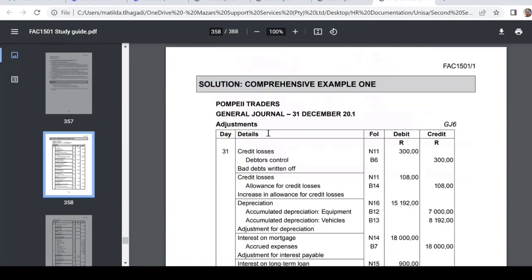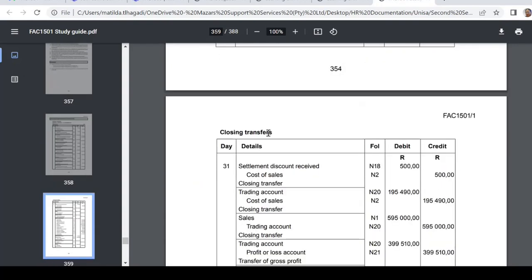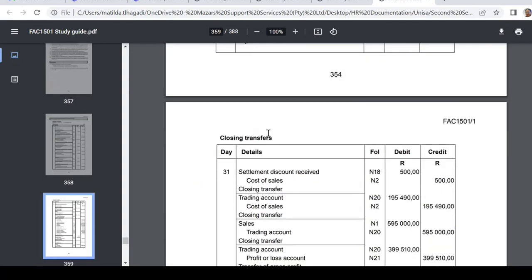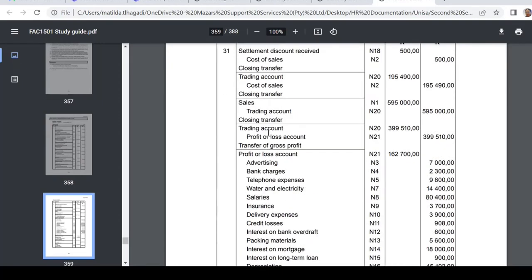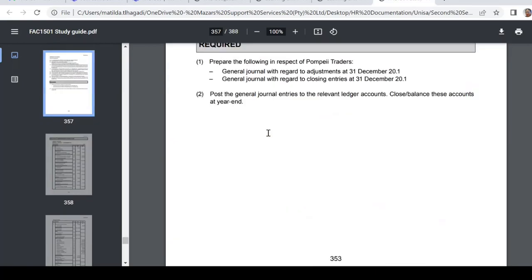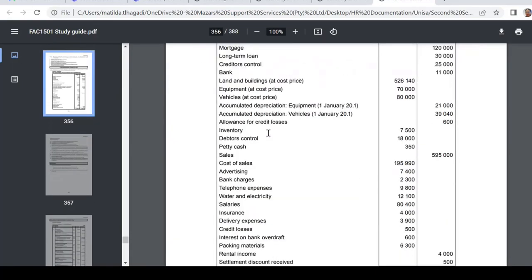So now we need to post this to the profit and loss account. Can you see that these accounts are being taken to the profit and loss account, and these two are taken to the trading account? The sales and cost of sales are taken to the trading account to determine gross profit or gross loss.